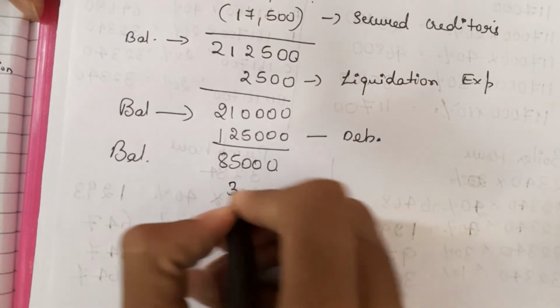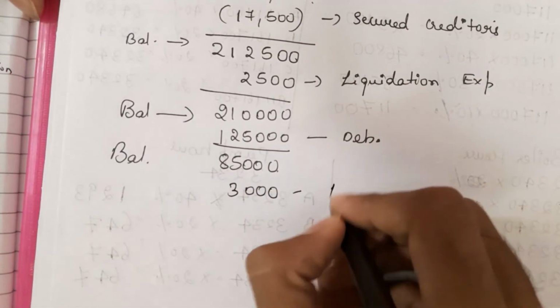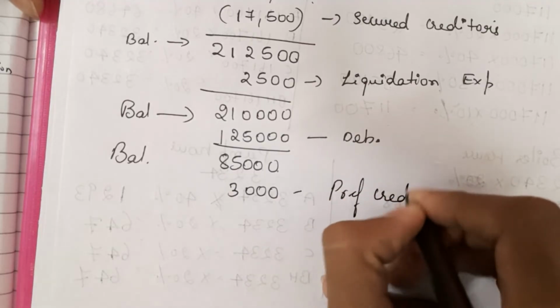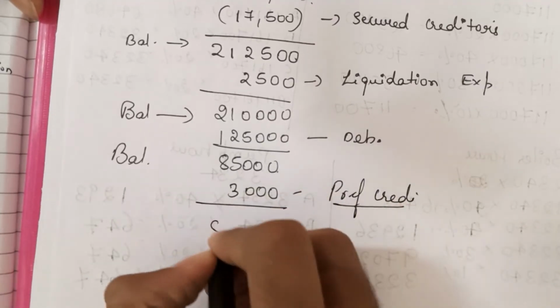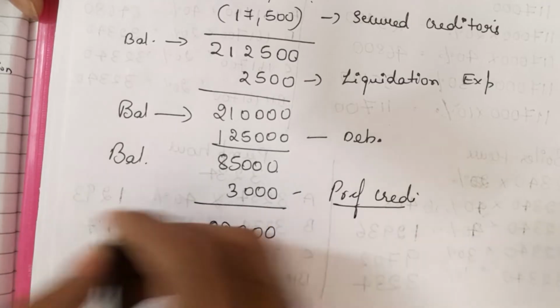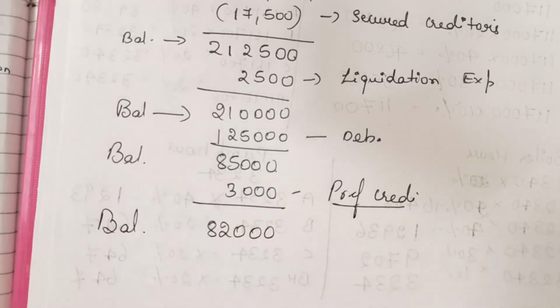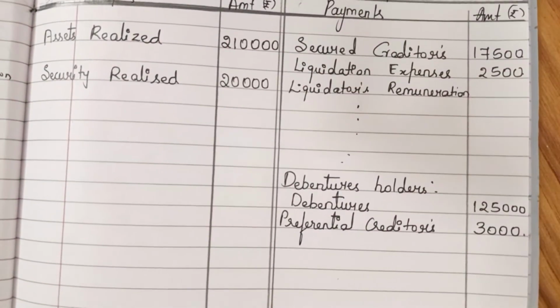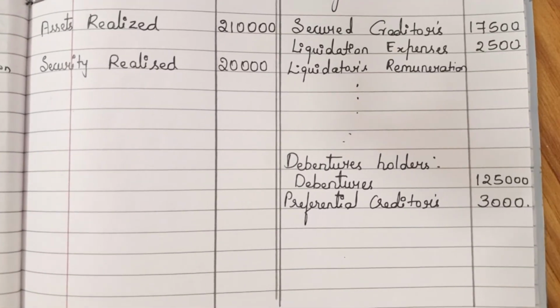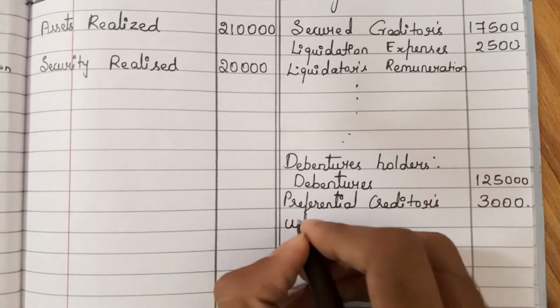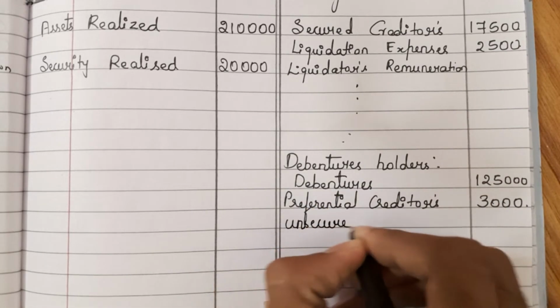So we are paying them 3,000. This is preferential creditors. After we minus, we have only 82,000 balance. Now in this 82,000, to whom do we need to pay? Unsecured creditors.